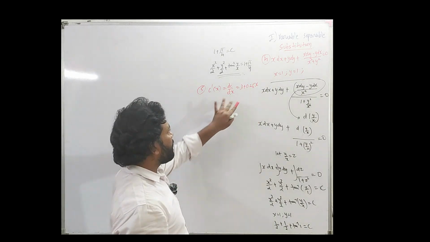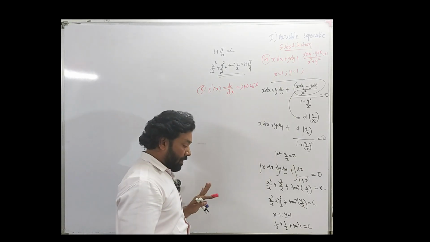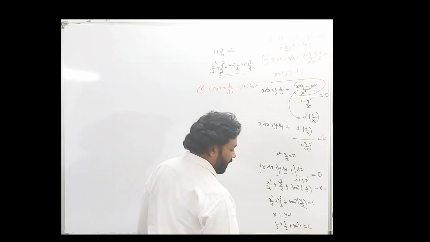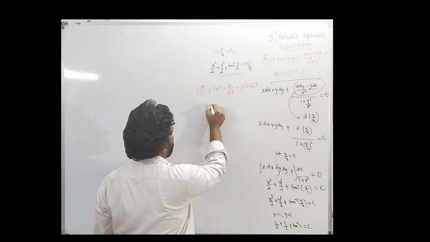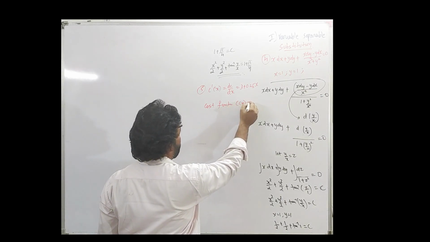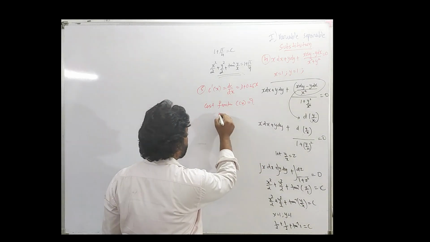So this is some equation which describes the cost of manufacturing some article, and they have told us to find out the cost function C of x. Cost function, that is C of x, we will have to calculate, and they have given that C of 0 is 60.